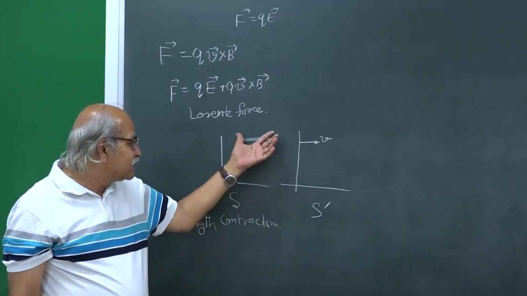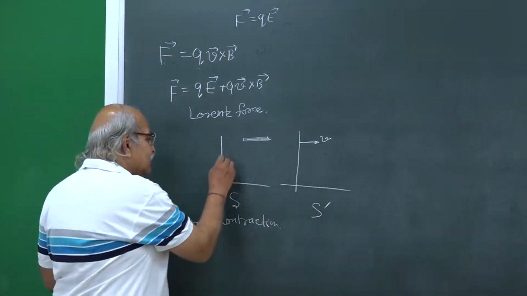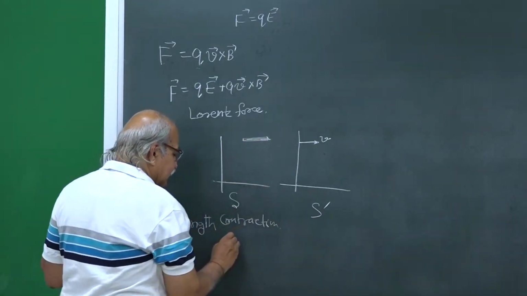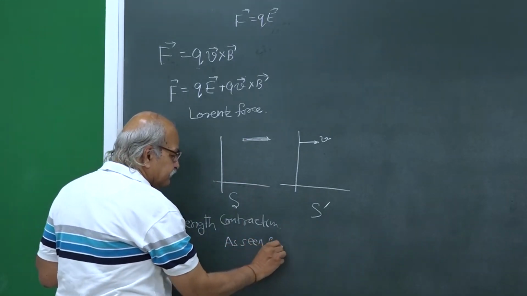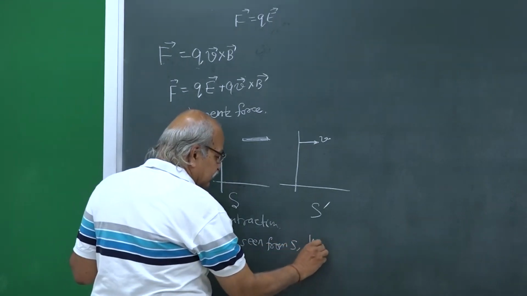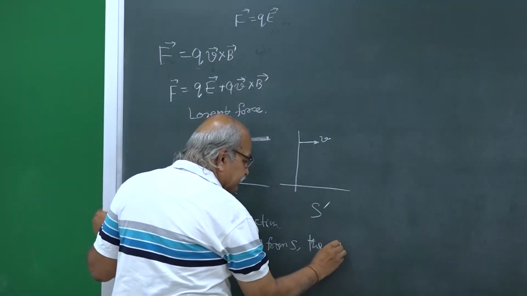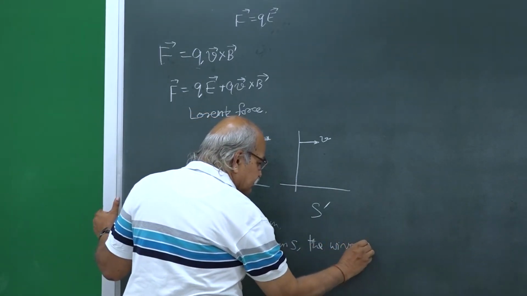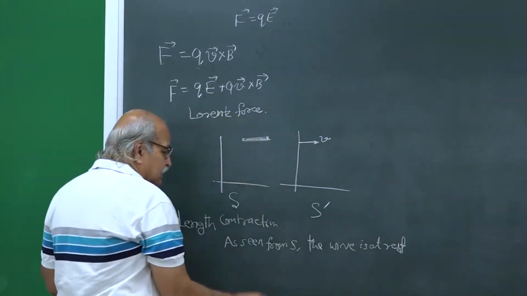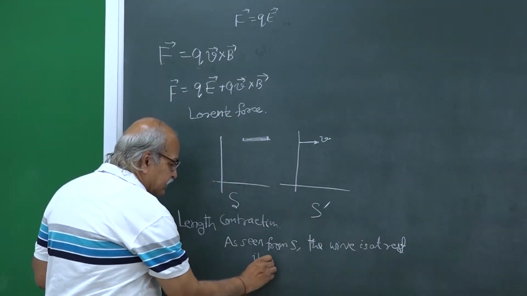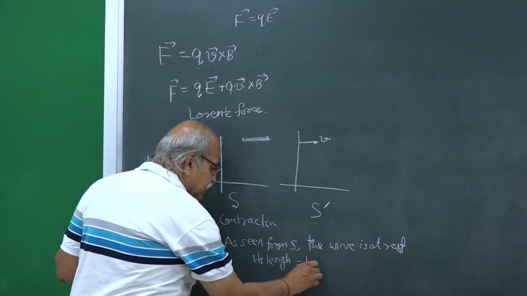Let us say it is a piece of wire, and it has 0 velocity as seen from S. This wire is at rest. And what is its length? Its length is, let us say, L. And how do you measure that?